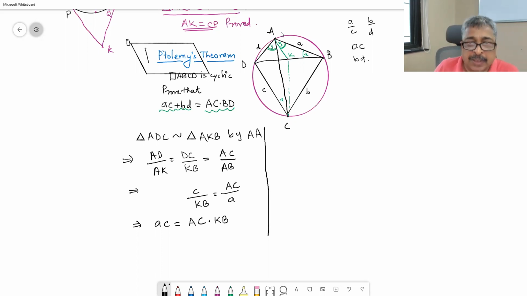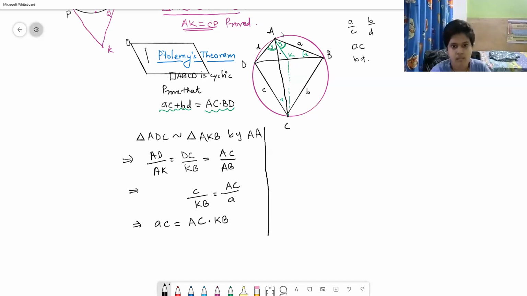Now you understand this. This angle is common. Therefore, angle CAB equals angle KAD. Is that right?